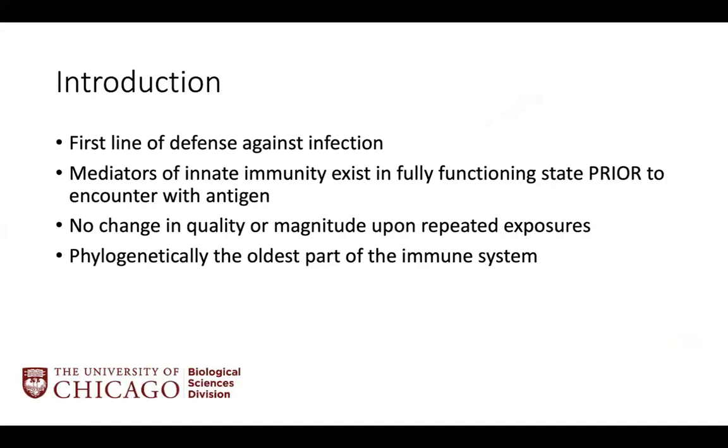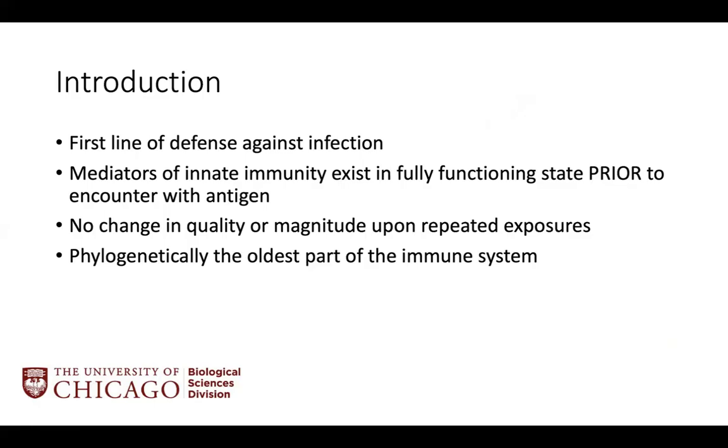There is no change in the quality or the magnitude of the immune response upon repeat exposures of the same antigen. That again is fully on the adaptive side. This is going to be the same response every time it sees a particular pathogen.